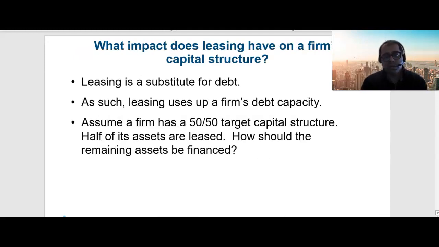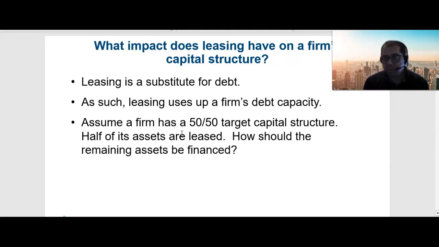So leasing is a substitute for debt. If you analyze any company, and the company is, let's say, using a lot of leases instead of borrowing the money or owning the asset, then you should be very careful that you adjust so that the present value of the lease amount, or the capitalized lease amount, is actually counted in the debt structure of the company.